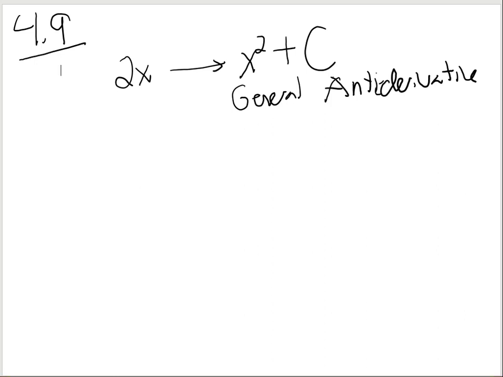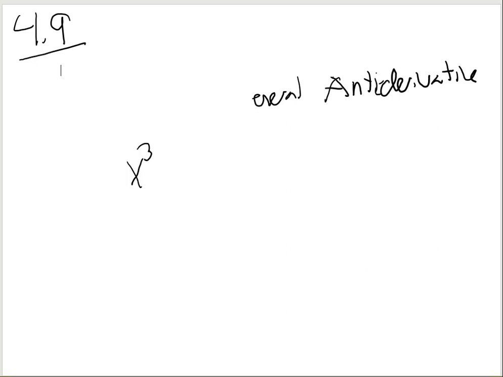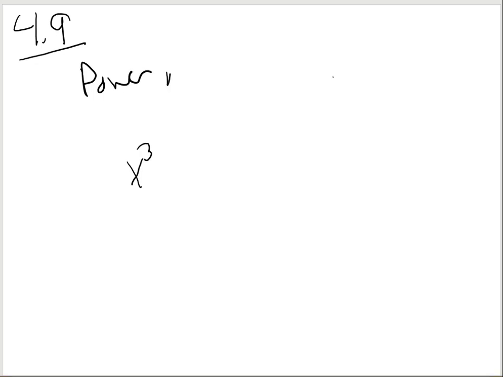Okay. So let's come up with some rules that we might use. Well, if we have, let's say, x cubed, is there some sort of analogous power rule for antiderivatives?